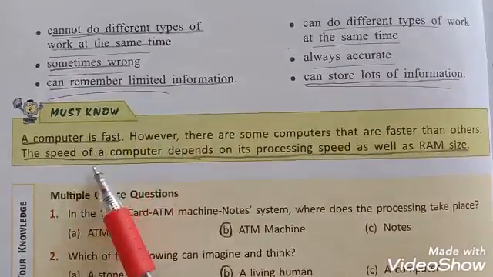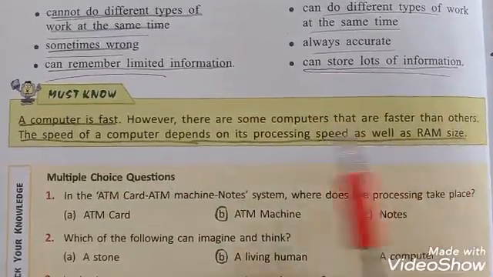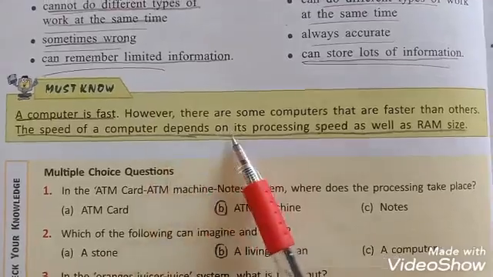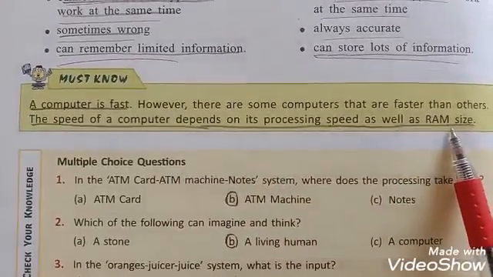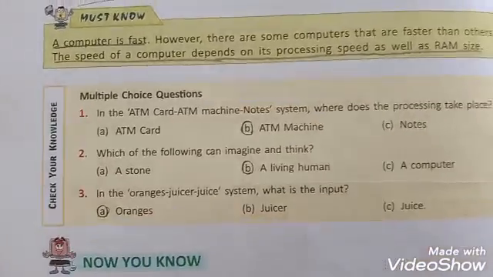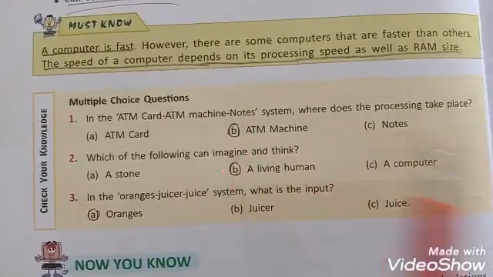Must know, a computer is fast, however there are some computers that are faster than others. The speed of a computer depends on its processing speed as well as RAM. These are the objectives related to this lecture.